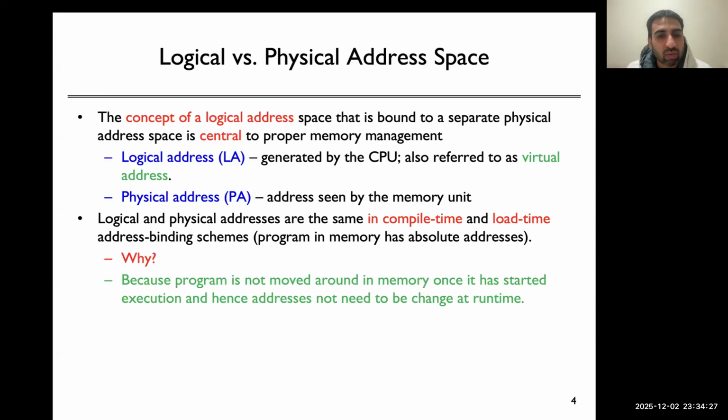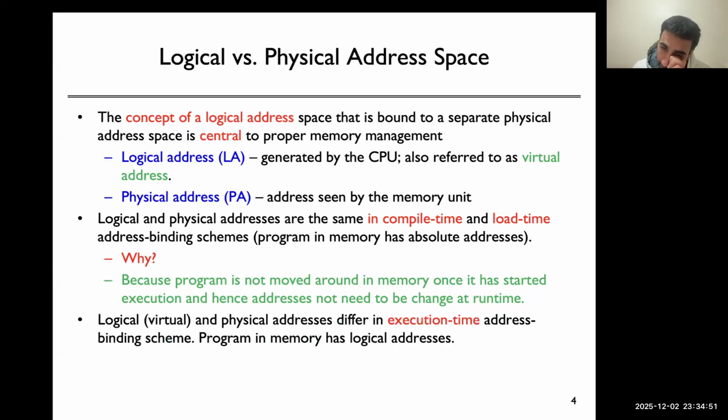Since it is not moved around after it has started execution, the address is always fixed once the execution has started, right? So that's why the logical address and the physical address can be the same. However, logical and physical addresses differ only in the execution time address binding schemes.